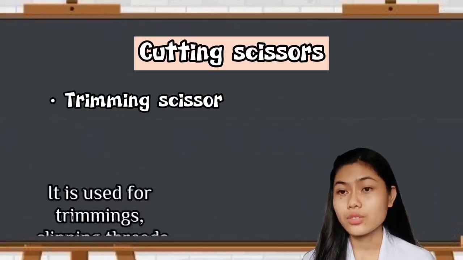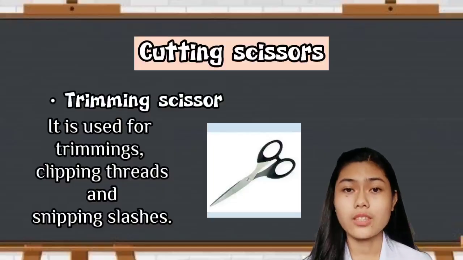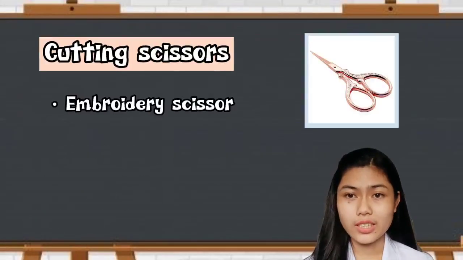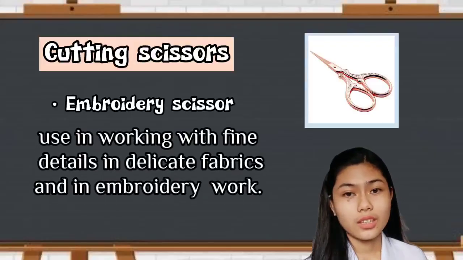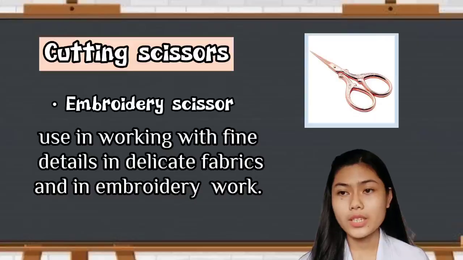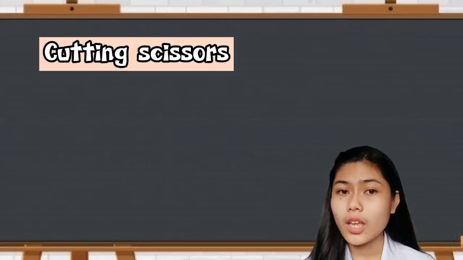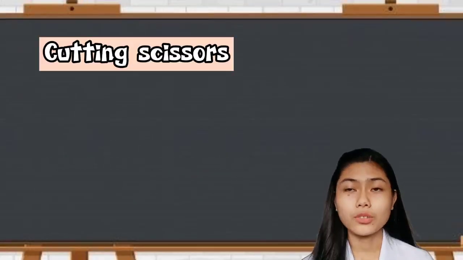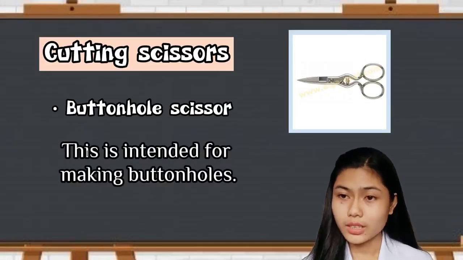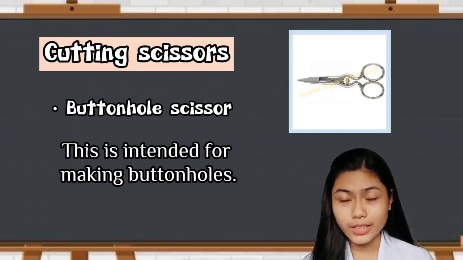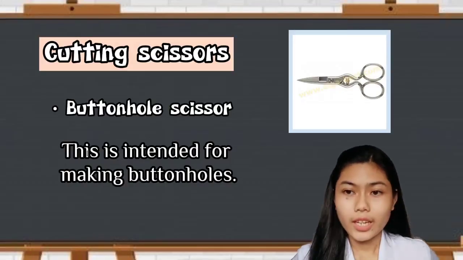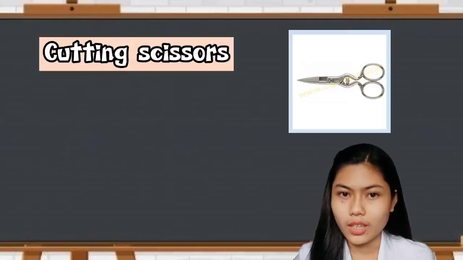Trimming scissors are used for trimming and clipping threads and snipping slashes, while the embroidery scissors are used in working with fine details in delicate fabrics in embroidery work. And last is the buttonhole scissors. It is intended to make buttonholes in our dresses, shirts, polo shirts, and pants, and everything.